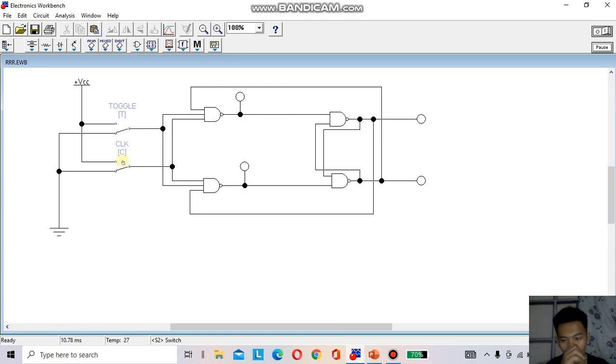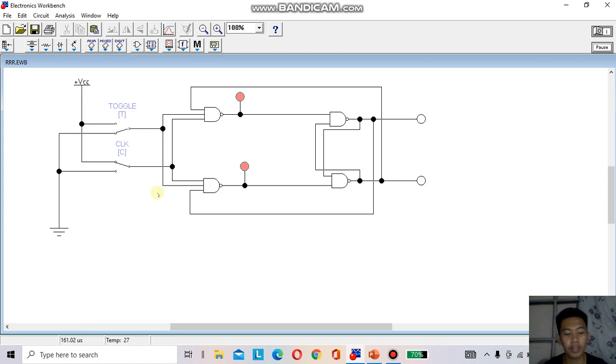If our T is 0 and our clock is equal to 1, our T flip-flop is latched.